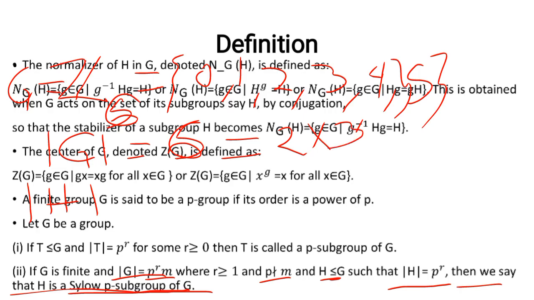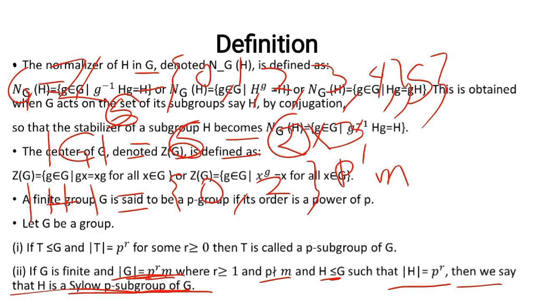Okay, so if we have H and the elements of H are 0 and 2, what then would you write this to be? It means this is p raised to power 1, and my m will be 3, based on this definition here. The order of G is p raised to power r times m.